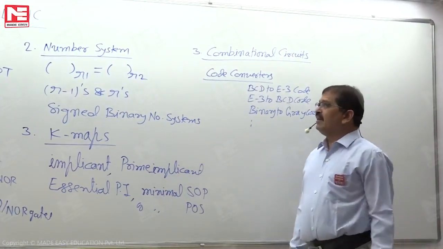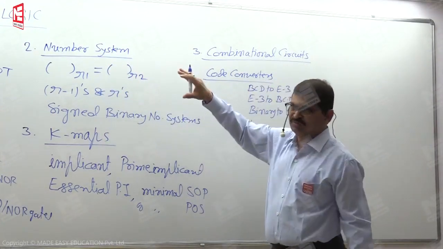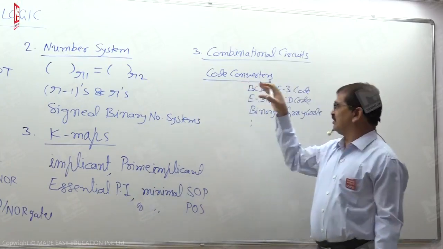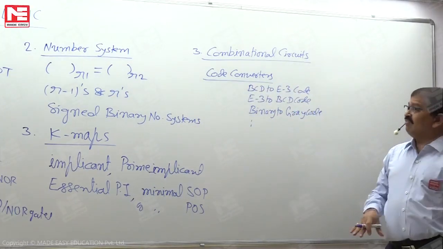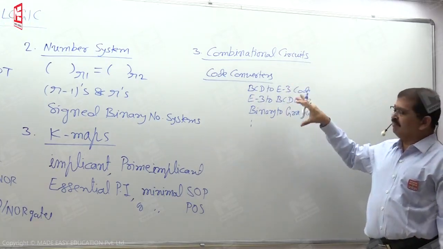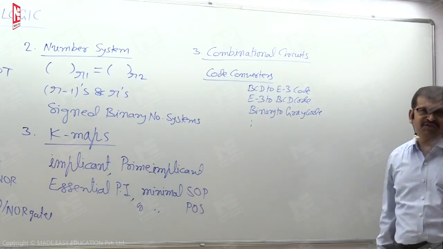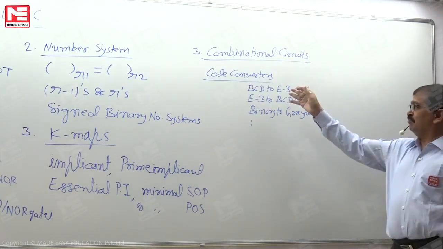As I said while discussing the number system, we are not discussing the codes. We are not discussing what is an XS3 code or what is a gray code. While discussing the hardware of these circuits, we'll discuss the meaning of XS3 code, gray code, and BCD code.